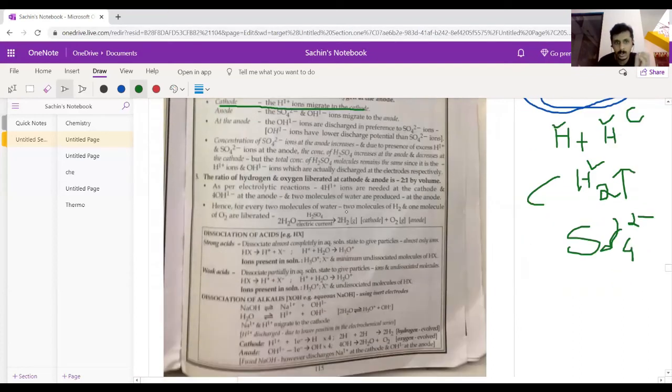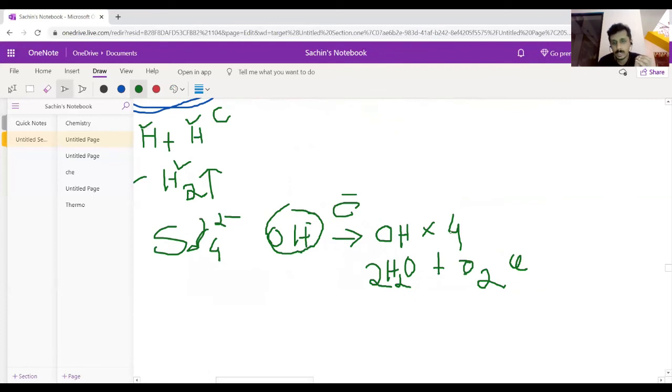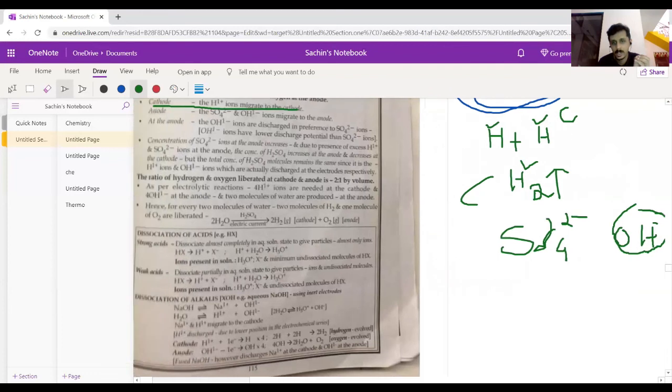In the same way at anode, 4 OH minus give 1 oxygen molecule. Hence 4 H plus gives 2 hydrogen, whereas 4 OH minus gives 1 oxygen. That's why the ratio is 2:1.